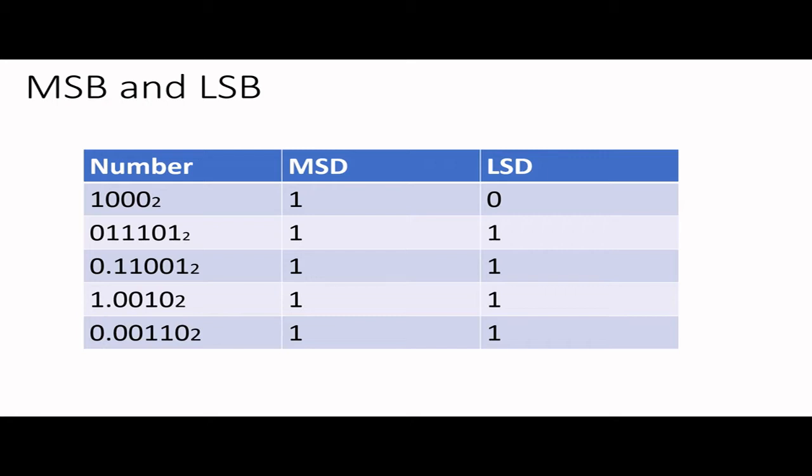We only consider non-zero numbers. So LSD will become the most right extreme number, that is 1, which is not a 0. And MSD will become the most left extreme number, which is not a 0. So again, MSD becomes 1.